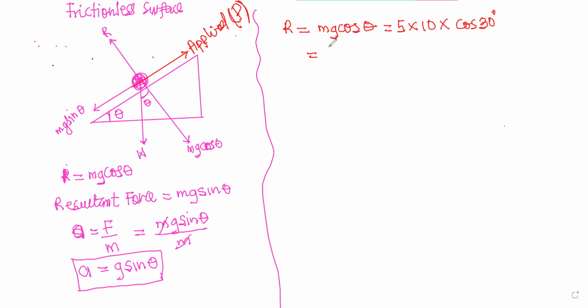So we have 50 times cos 30, which is root 3 on 2, approximately 0.866. So 50 times 0.866 gives us 43.3. If you got that, please start marking yourself.